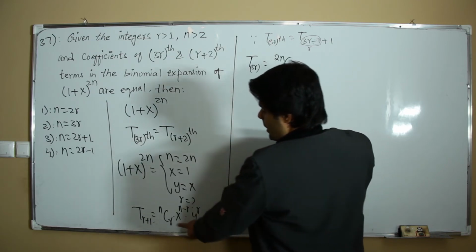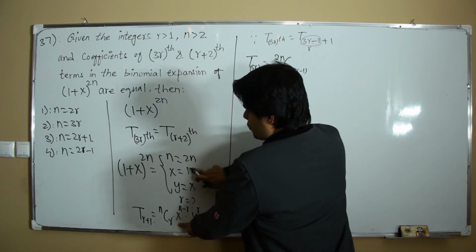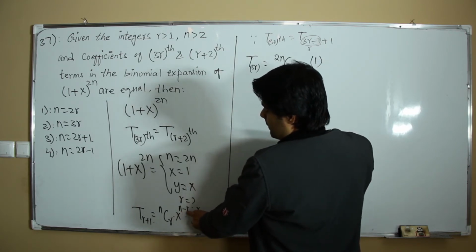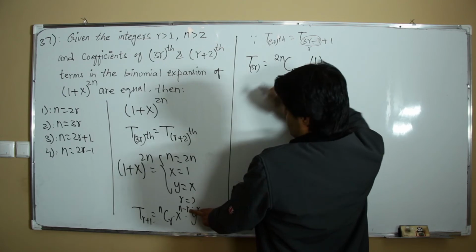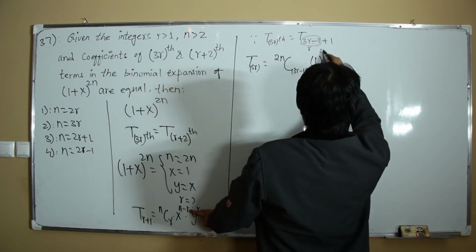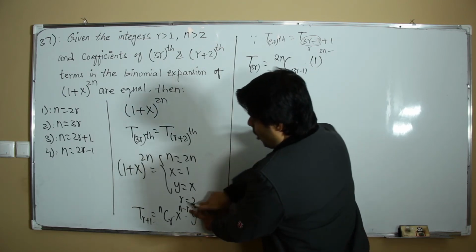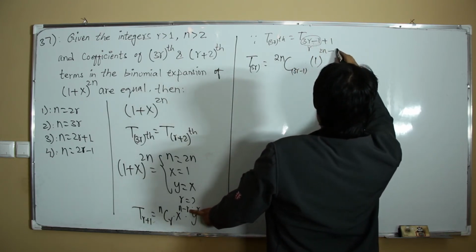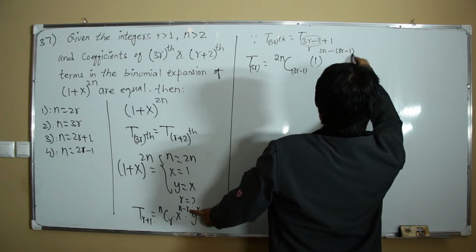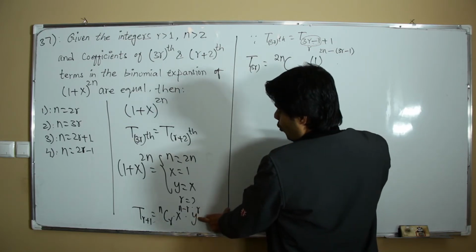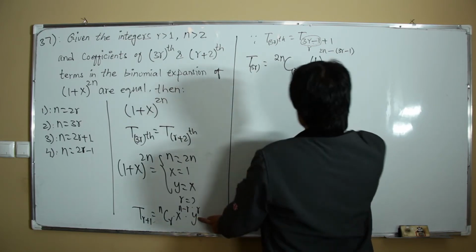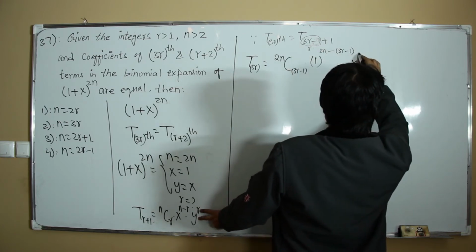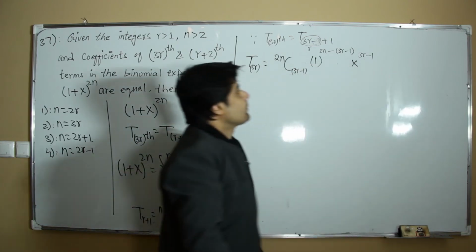Times x. x is 1, raised to the power n minus r. n is 2n minus r. r is 3r minus 1. Times y. y is x, raised to the power r. r is 3r minus 1.